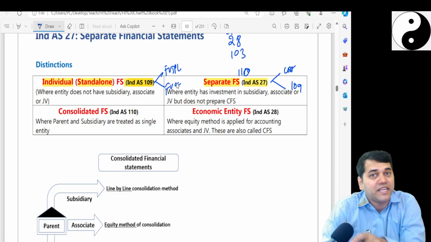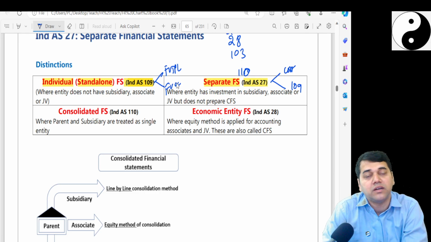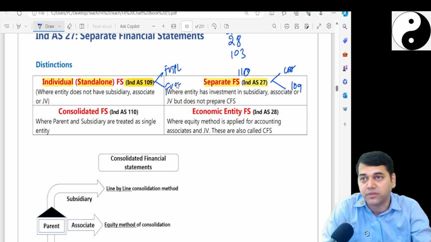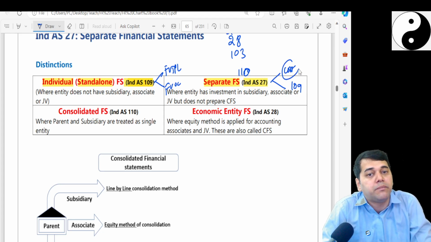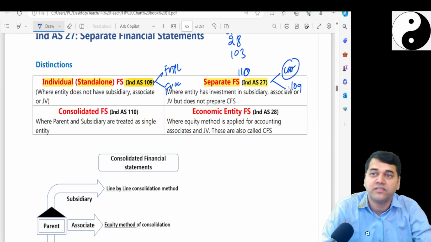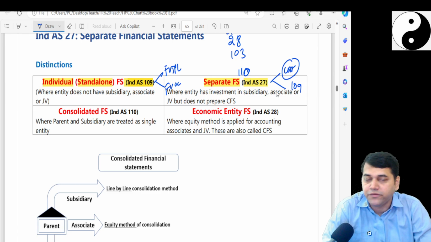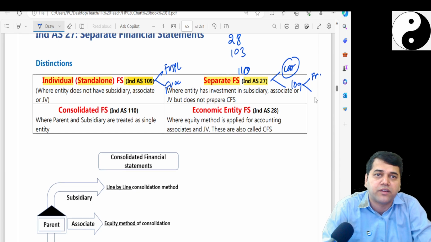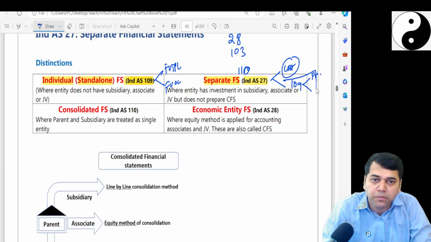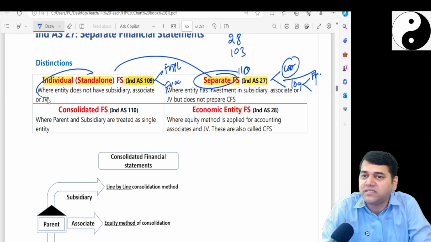But if that investment happens to be an associate, joint venture, or subsidiary, then you have an option to value it at cost, which some other standard says. No, it is an option. If you don't want to, you can value at 109 and take the option FVTPL or FVOCI. If you take this option, then this and this don't differ, they are the same.